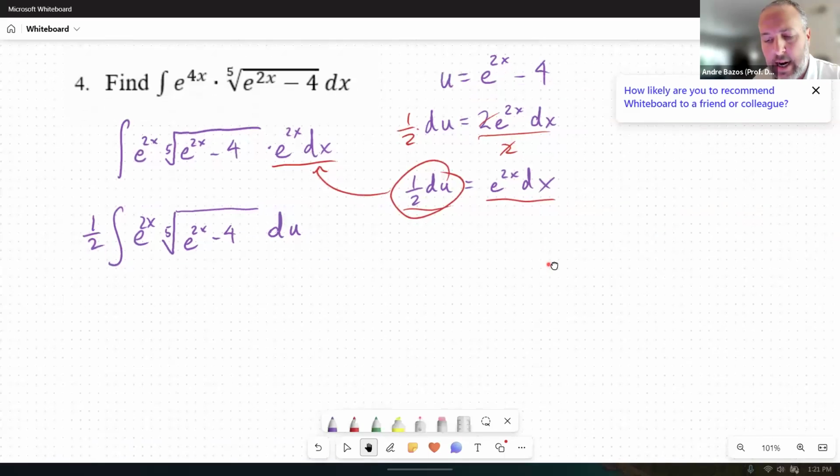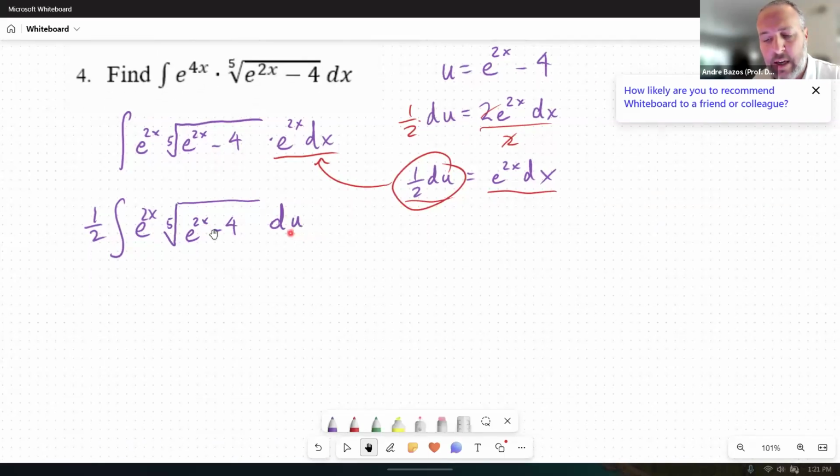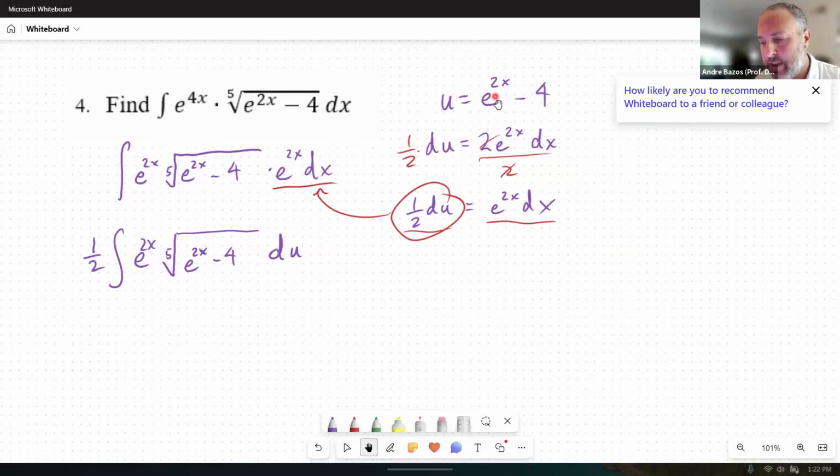So I clearly cannot do this integral still because I have du out here and I have x's in here. This one doesn't even look like an x, so let's make it look like an x. But I have ways to replace this thing because I have this e to the 2x right here. That's u.